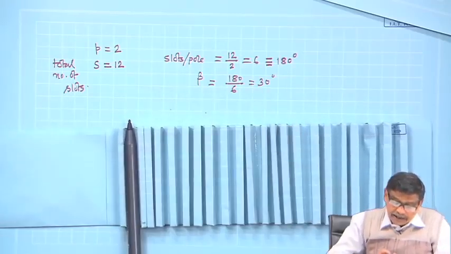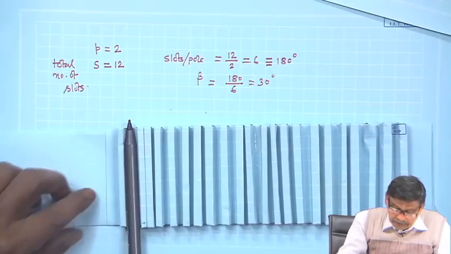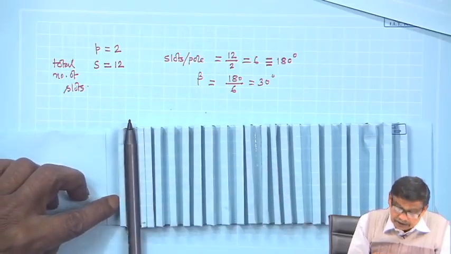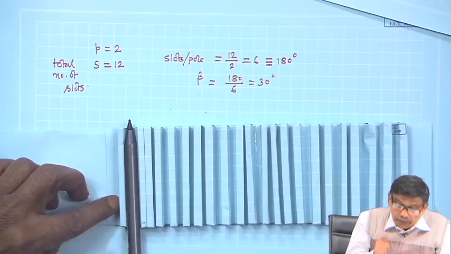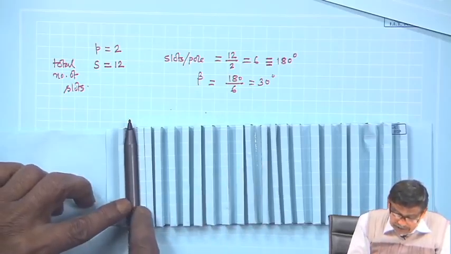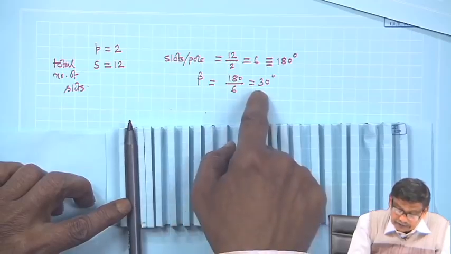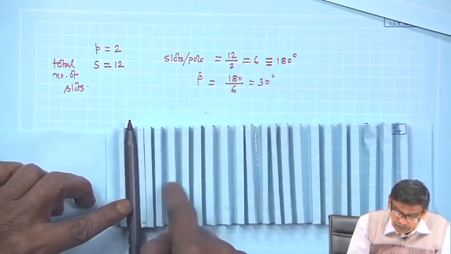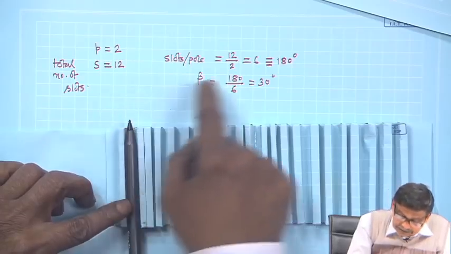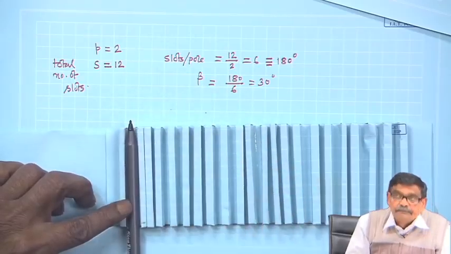If I want to make a full pitched coil, in which slot number should I place the return conductor? Full pitched coil means 180 degrees. So, I have to move by 6, because if you move 6 slots, that will become 180 degrees, and its return should be here.